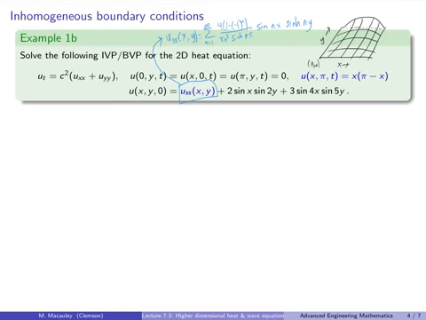Okay, so we are basically bumping up example 1a in the previous slide by this. So by bumping up the boundary, we have to add it to the initial condition as well. And then as time goes on, these sine waves are going to die out. Okay, so recall what we did in the very beginning of this lecture. u of x, y, t is the steady state solution plus the solution to the related heat equation where there were homogeneous boundary conditions.